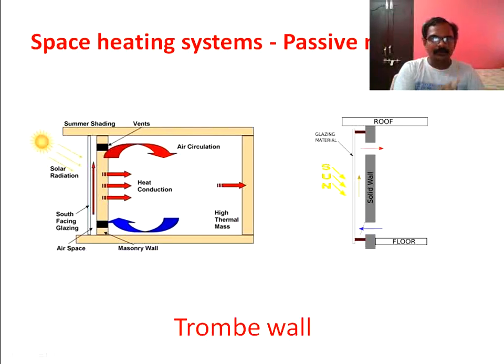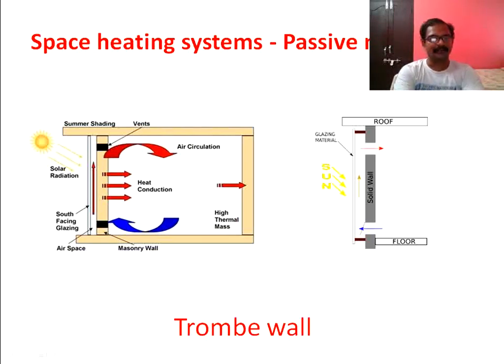And after giving some space, we'll place a solar glass window, that is, a glazing material. So there is a space between this glass window and the solid wall, which has two vents, a top and a bottom.